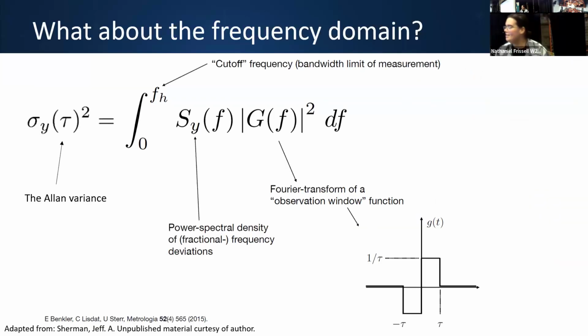Hey, here's a scary slide, but some of you may have been wondering, what about the frequency domain? It turns out that this weird construction I mentioned in the beginning, let's take these adjacent intervals and subtract them, is actually just an integral transform.